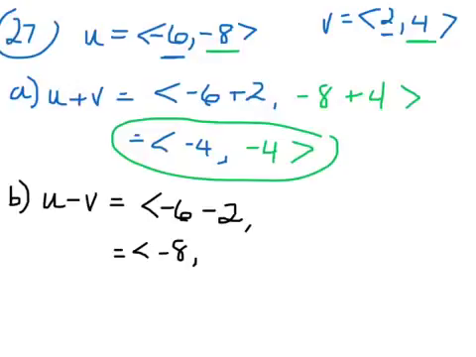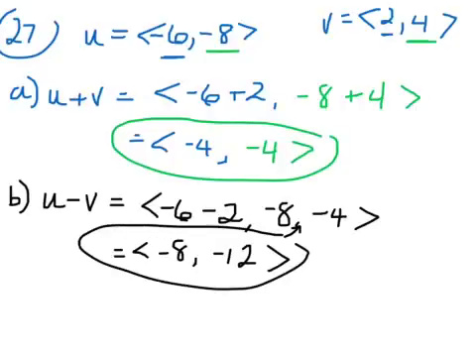And then for the y parts of the vectors, which they call P2 and Q2 in the book, but we're just going to say y parts of the vectors, we just start with u, which is -8, and we subtract v, which is 4. And -8 minus 4 is -12. There's a dot there that shouldn't be there, so if you're watching the video and saying, what's that dot, it's random. So that's all I have to do to subtract it.